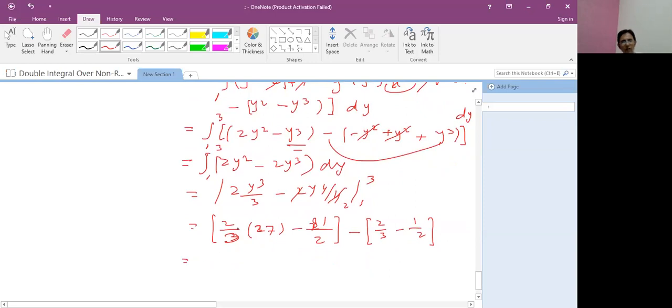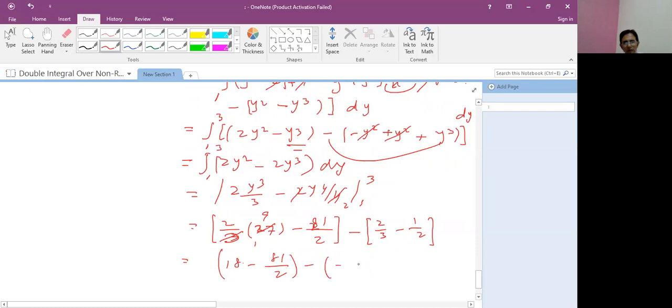So 27 over 2, it is 54 upon 3. If we divide it by 3, 9 3s are 27, so the answer is 18 if you write directly. So 18 minus 81 upon 2 in the first part.